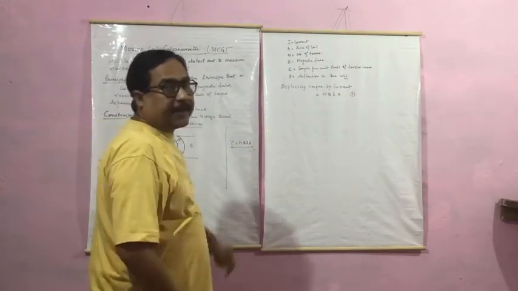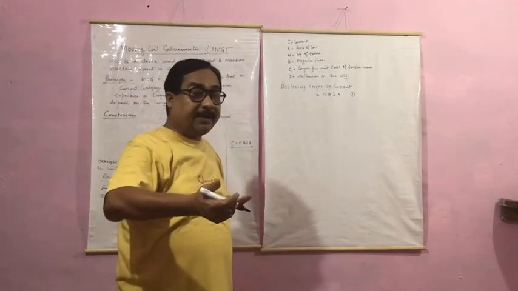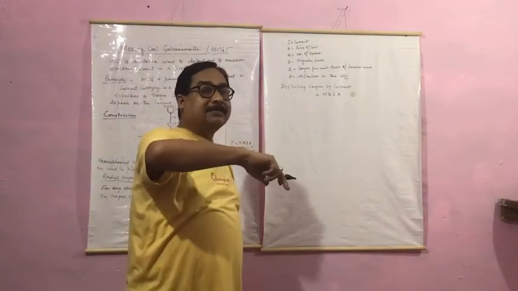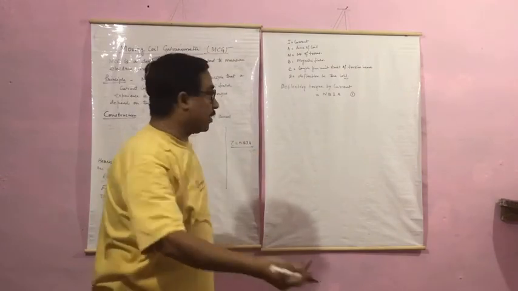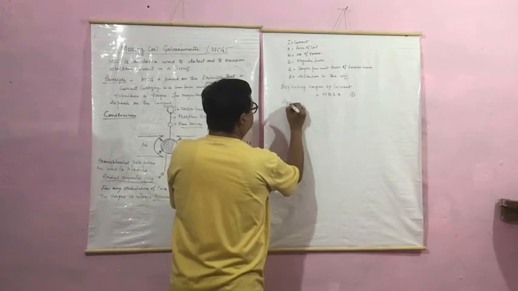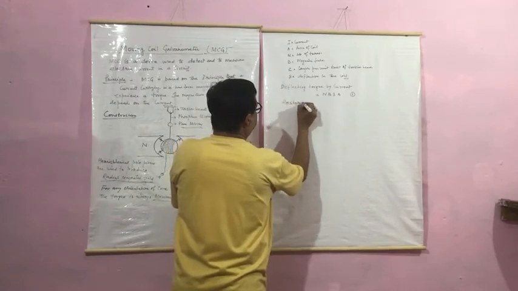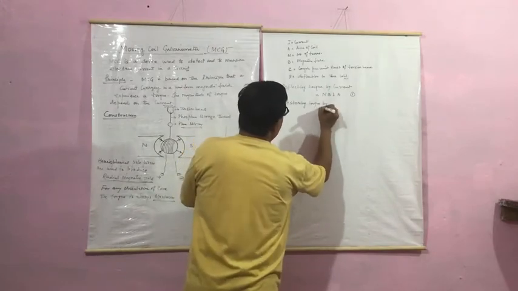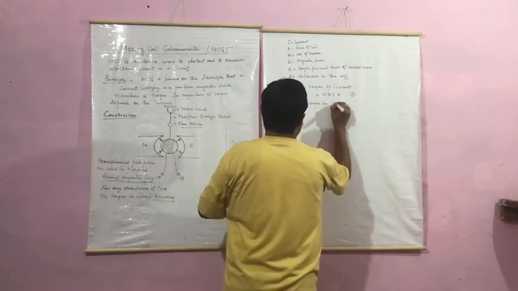And this torque is opposed by the torsion head. So torsion head is also applying a torque in the opposite direction. The name is restoring torque, and it is restoring torque by torsion head.